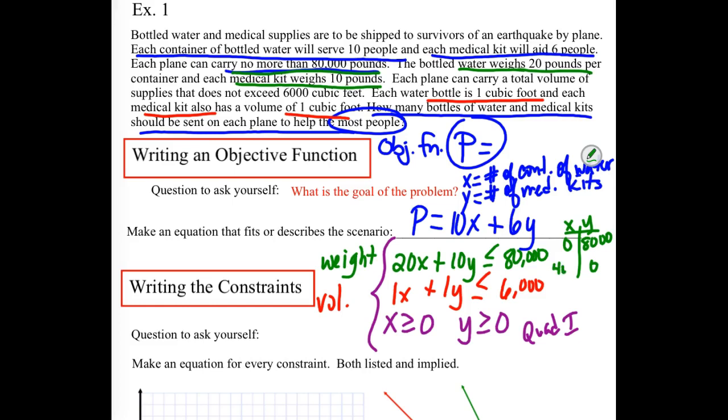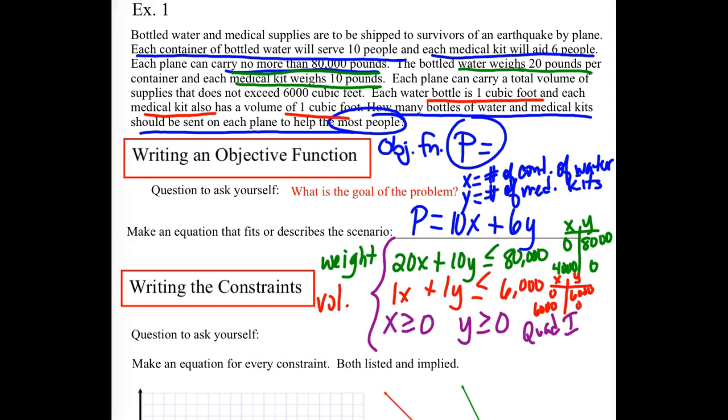Okay? All right. For the red one, what are my intercepts? Both of them are 6,000? Okay, so looking at those numbers, our smallest is 4,000, our biggest is 8,000.